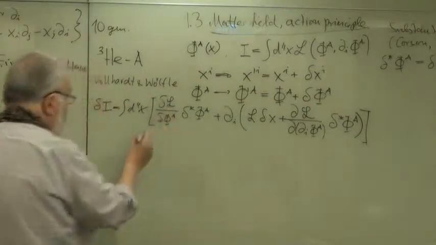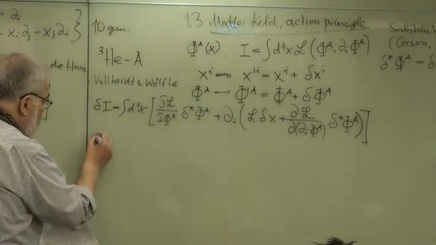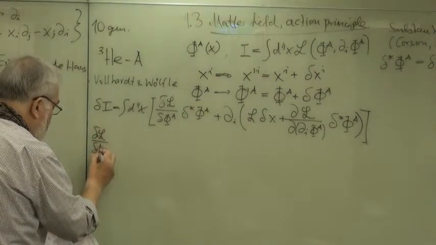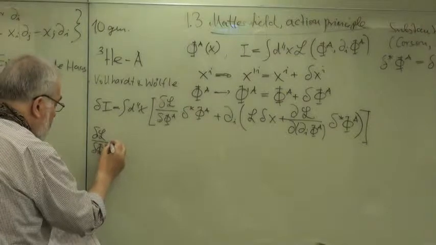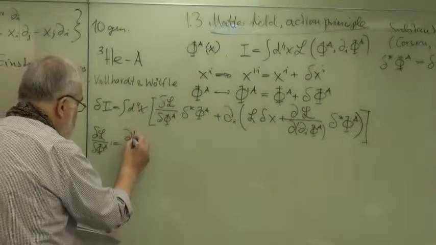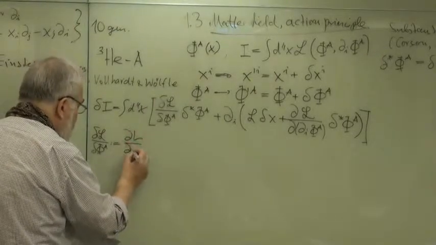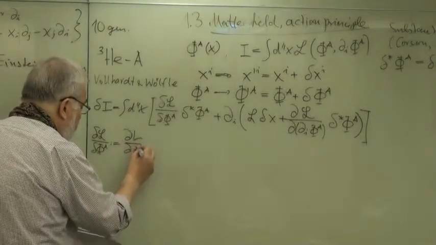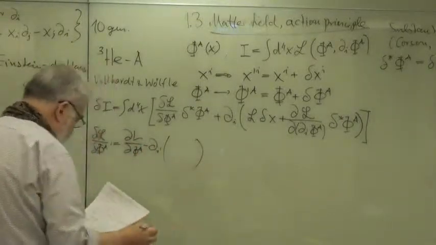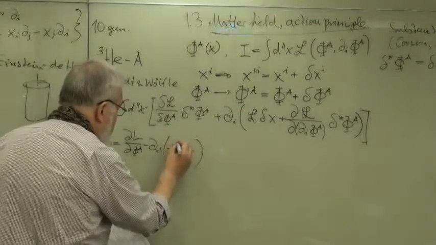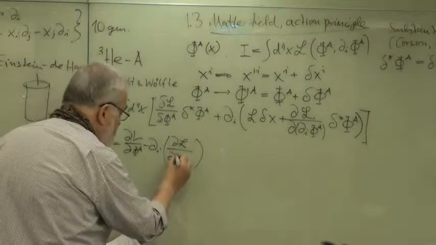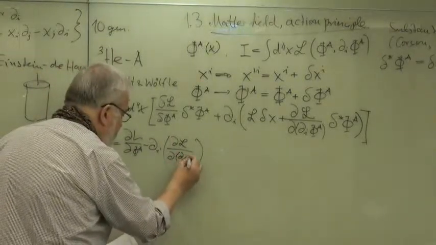And this variational derivative, most of you would know, but let me nevertheless define it in order to tell you exactly what I mean by this. This is partial L over partial phi a minus the divergence of parentheses, and here I have the partial derivative with respect to the velocities, partial dI.